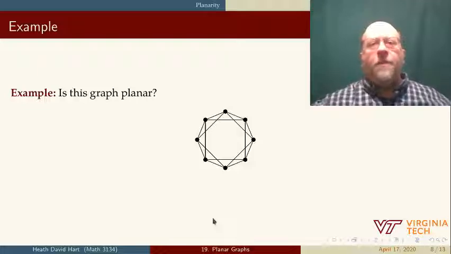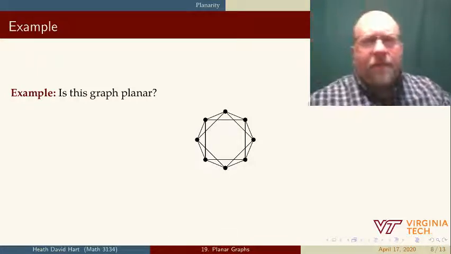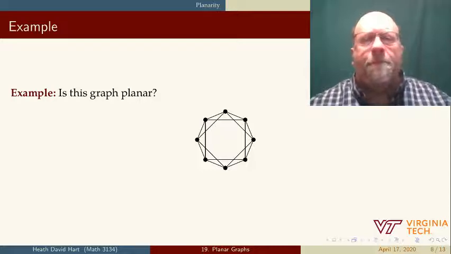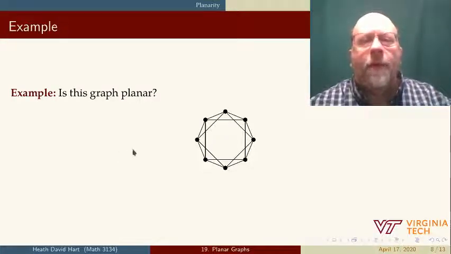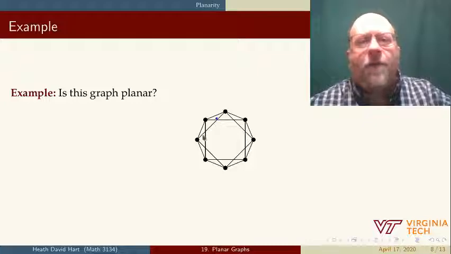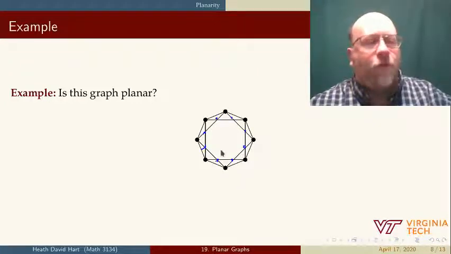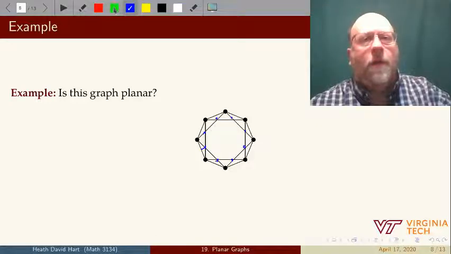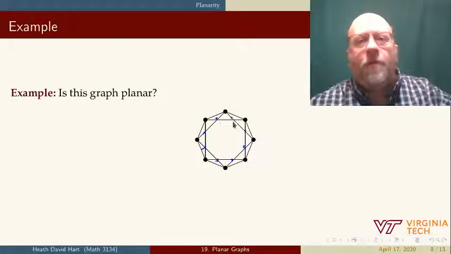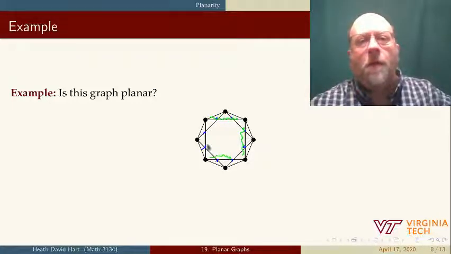How about this graph? Is it planar? Take a minute, see if you can figure this out. We have these intersections around here that we would like to get rid of. So what we can do is get rid of the square that's in the middle and move it to the outside. Put a loop here, put a loop here, put a loop here.